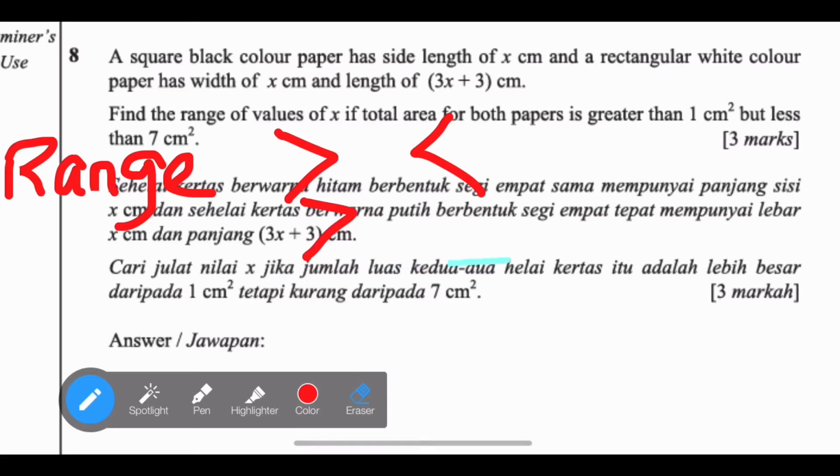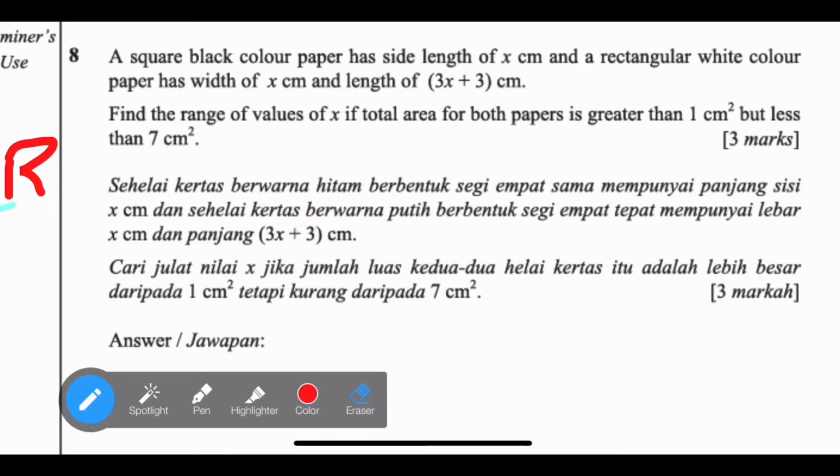For this question, it's a HOT question because they give you the description of the story. It's about the square. We have a square black color paper, length of x centimeter. We have another story about a rectangle. So we highlight the important keywords: square black color paper.